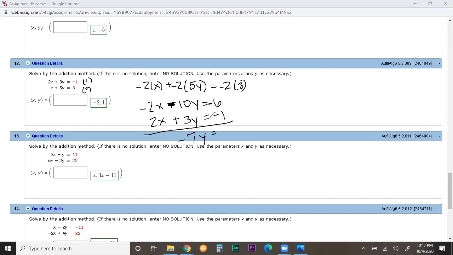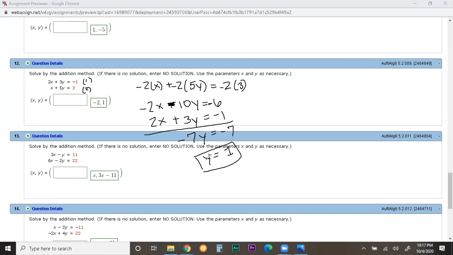We keep our equal sign. Negative 6 minus 1 is negative 7. So because we have a negative 7, y equals negative 7, y equals 1.